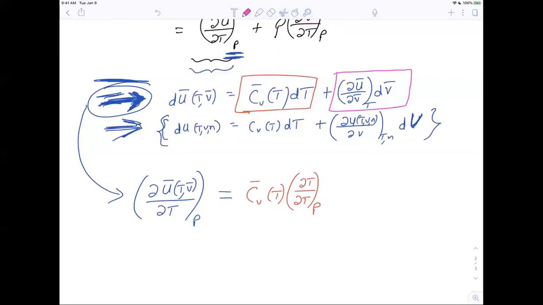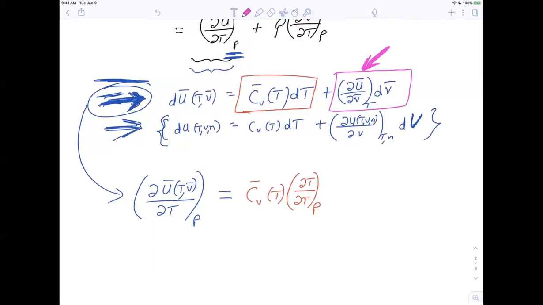So for instance, the partial of u bar with respect to v bar right here at constant temperature, this is a rate of change of u bar as v bar changes, and again, these bars are molar properties. So it's a change of the molar U with respect to molar V under a very specific condition, and that is at constant temperature. So for a system, if you hold temperature constant, how does u bar change when you change v bar?